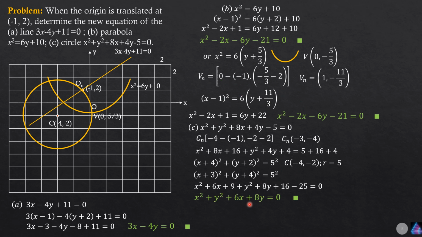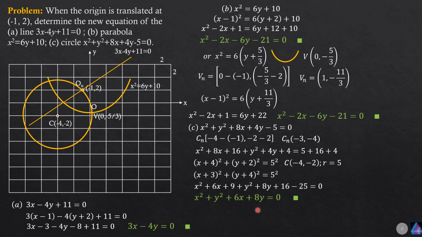So as anticipated, there should be no constant because this new origin would be at (0, 0). So that's why when x and y are both 0, this is satisfied, which checks that this is correct.